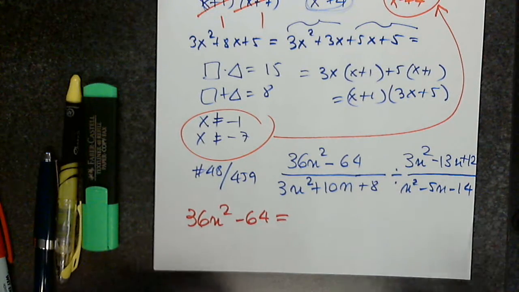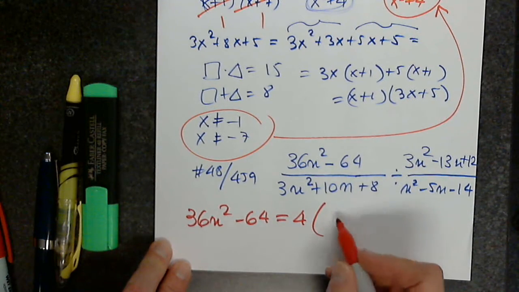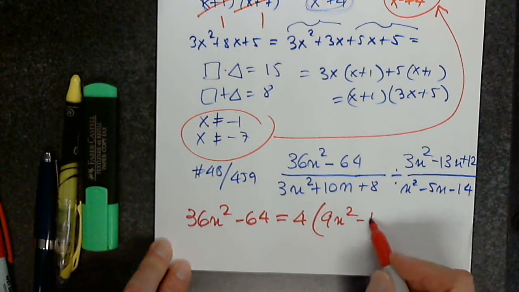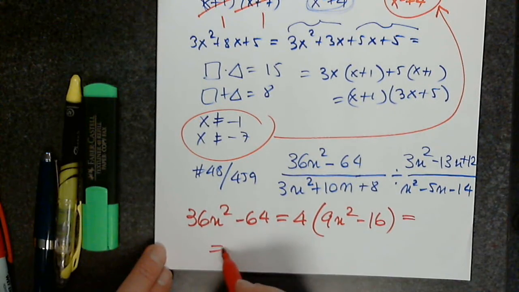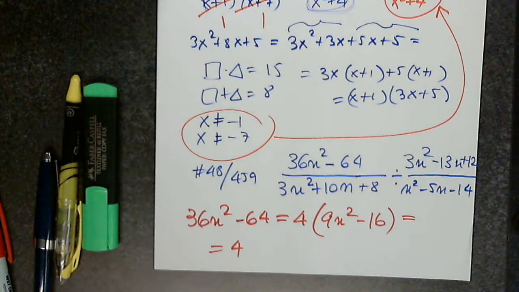Let's do it in 2 steps. I'm sorry. Greatest common factor for it. That's what I think. So 9n squared and minus 16. Perfect. And then 4 outside. What do we do with 9n squared minus 16?